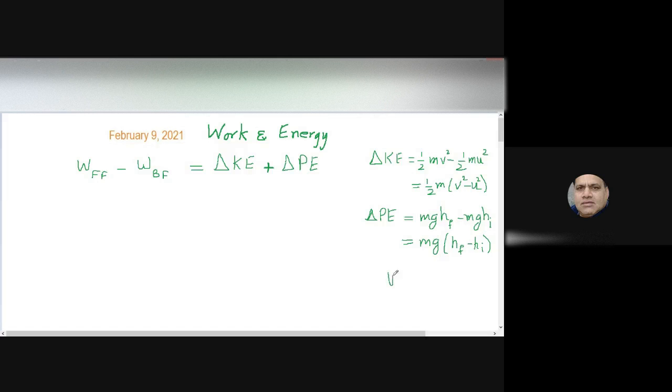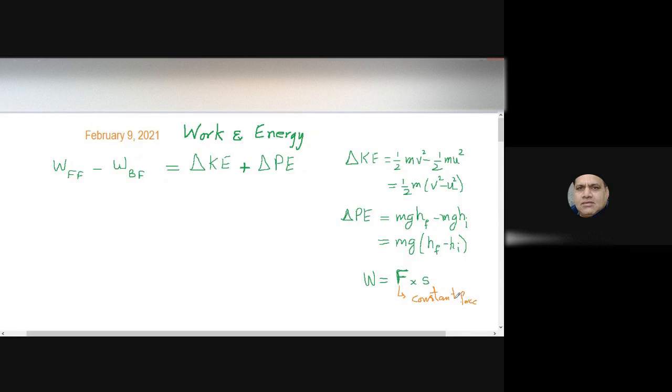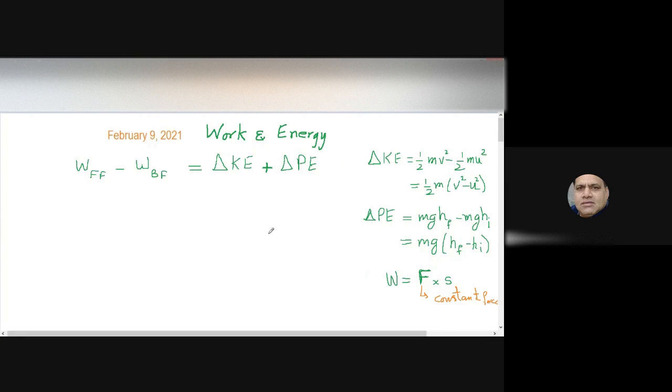So work is always equal to force times the distance, and the component of the force which is parallel to the direction of motion, that will be F. And we always multiply it with S. And here the condition is that this F is always a constant force. Because later we will see that when the force is not constant, we will not use this formula. We will have another formula in terms of power.